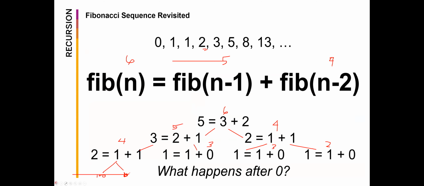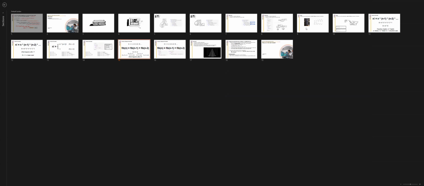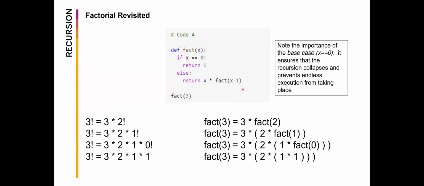You can try the other one, factorial. I'll present the factorial code. You could take a screenshot and implement it on your own. I'll give you the time to take a screenshot.